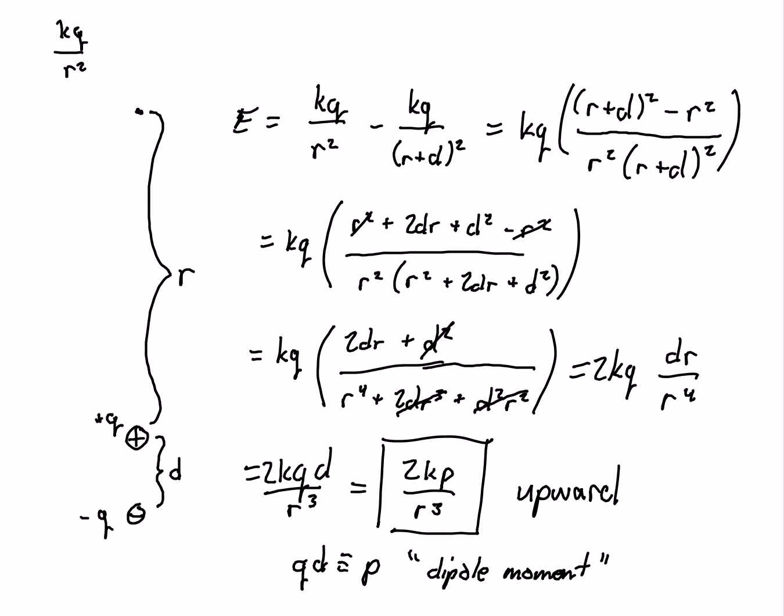But here we've got kqd over r cubed, so we have an extra unit of distance on the bottom from the r cubed rather than r squared, but we also have an extra unit of distance on the top from this d, which is just the distance between the two charges in the dipole. So we get an extra unit of distance on top and on the bottom, they cancel out and don't change the units overall. So the units work out for this 2kp over r cubed quantity.